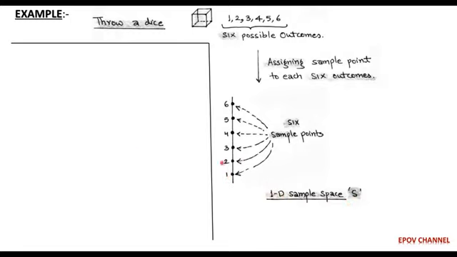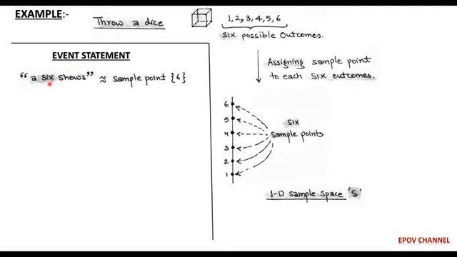Next, in the concept of events, we mainly focus on the event statement. For example, when we say an event of a 6 showing, this corresponds to the event of sample point 6 only, and this is an elementary event.